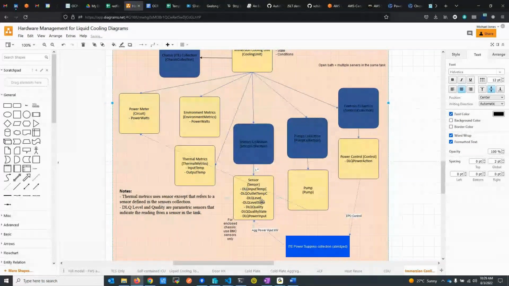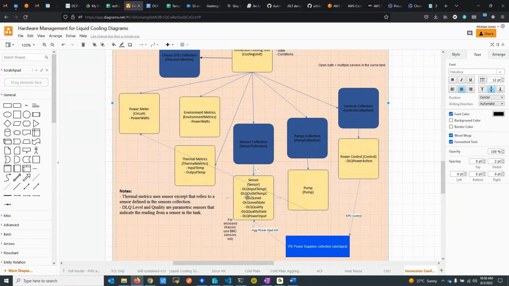The other sensors here, we have the dielectric level, and these are separated into two types of sensors: the level and level state. The level state is just a binary. It's either good or it's not. Same with quality state. The quality of the liquid is either good or not. And then these other two sensors, the level and the quality, are optional analog sensors.